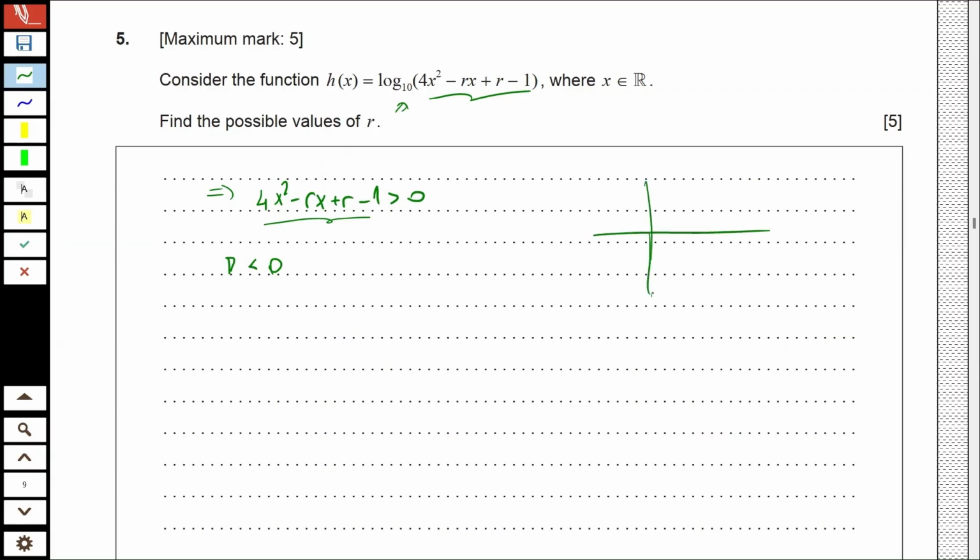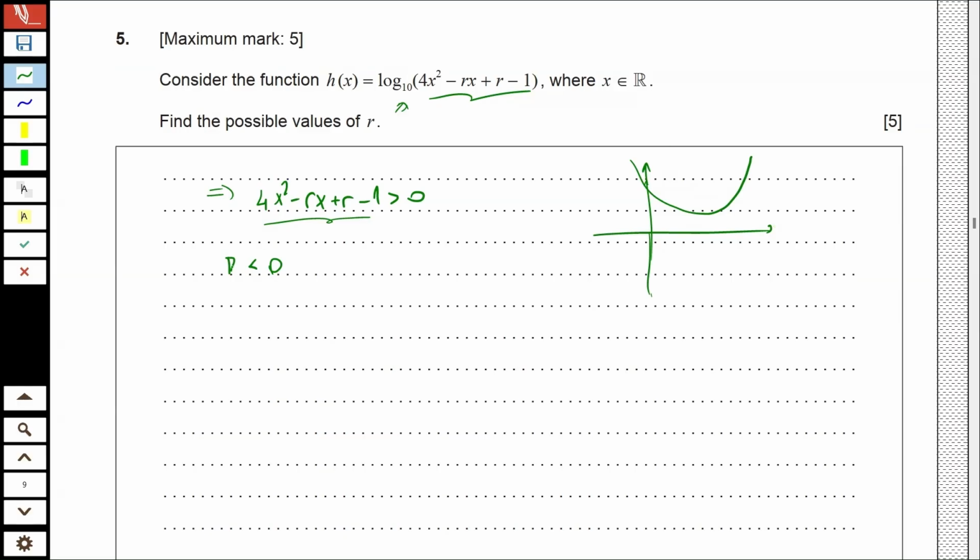If this quadratic, which has the graph of a parabola, has no roots, in other words, does not have an x intersection, it will always be positive.